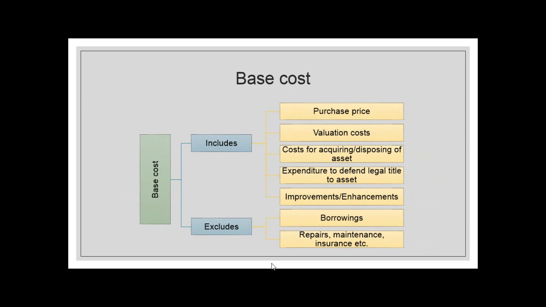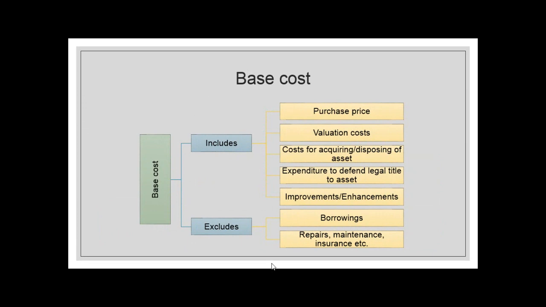Okay, now what do you include as expenses in that value? You look at the purchase price, any valuation cost that you had to incur, any cost that you incurred to acquire or dispose of an asset, any legal fees that you need to incur, any improvements or enhancements. So let's say you bought a building and during the years you've improved it, you add that to your base cost.